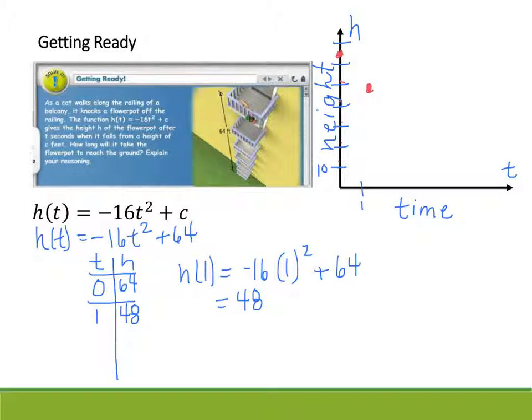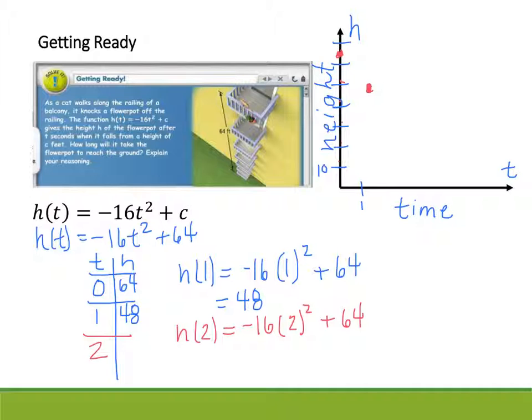Okay, so let's see what's going to happen after 2 seconds. So after 2 seconds, where would the flower pot be? So let's plug in 2. And h of 2 is going to be equal to negative 16 times 2 squared plus 64.